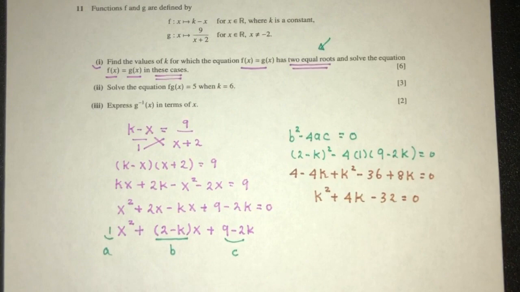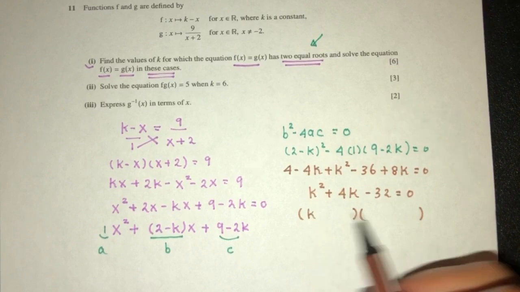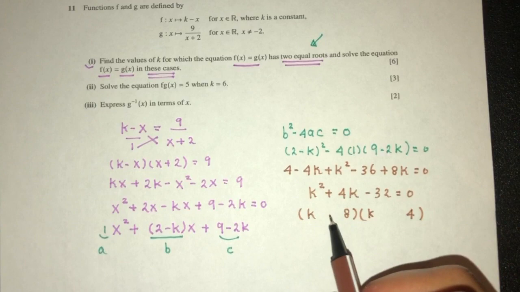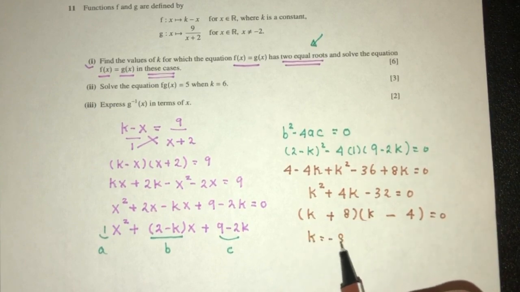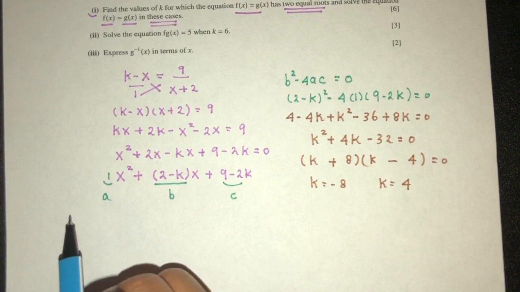So now again we have a quadratic equation to hopefully find two values of k. So factorize, you will have k times k, that should be 8 times 4. We need plus 4, should be plus 8 minus 4. So k can be equal to minus 8 and k can be equal to 4. So we have two values of k in this case.